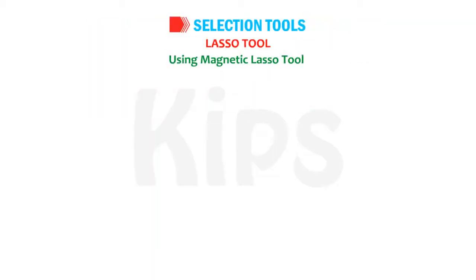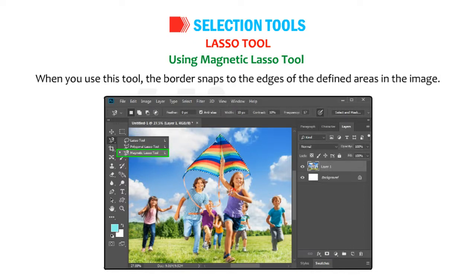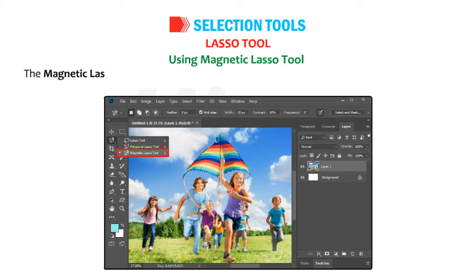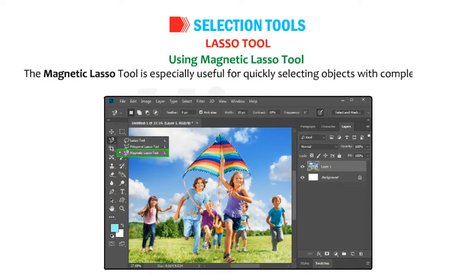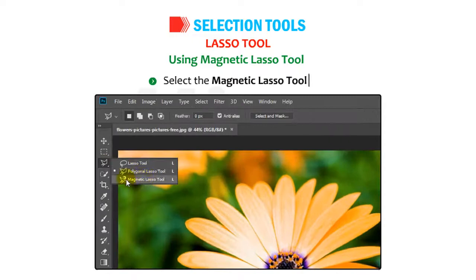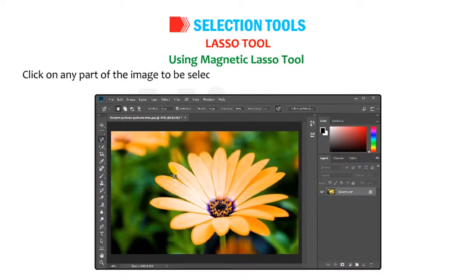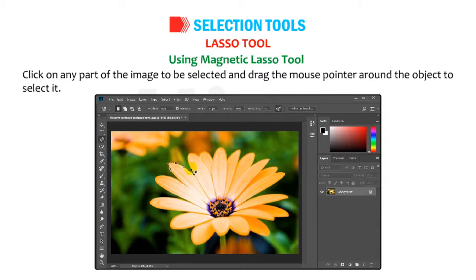Using magnetic lasso tool. When you use this tool, the border snaps to the edges of the defined areas in the image. The magnetic lasso tool is especially useful for quickly selecting objects with complex edges set against high contrast backgrounds. Select the magnetic lasso tool. Click on any part of the image to be selected and drag the mouse pointer around the object to select it.